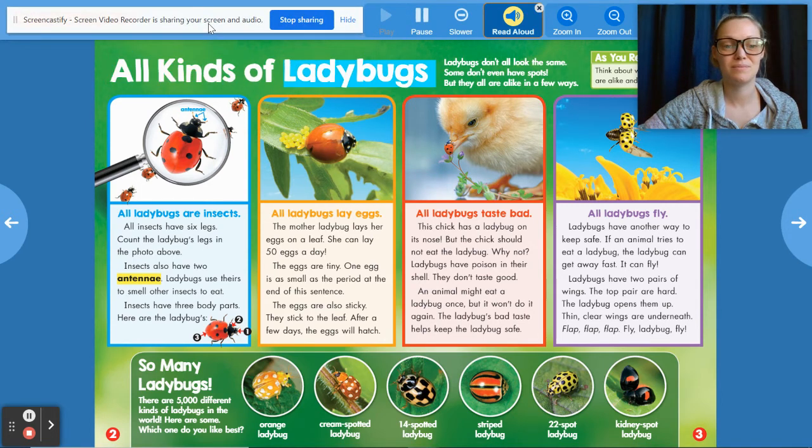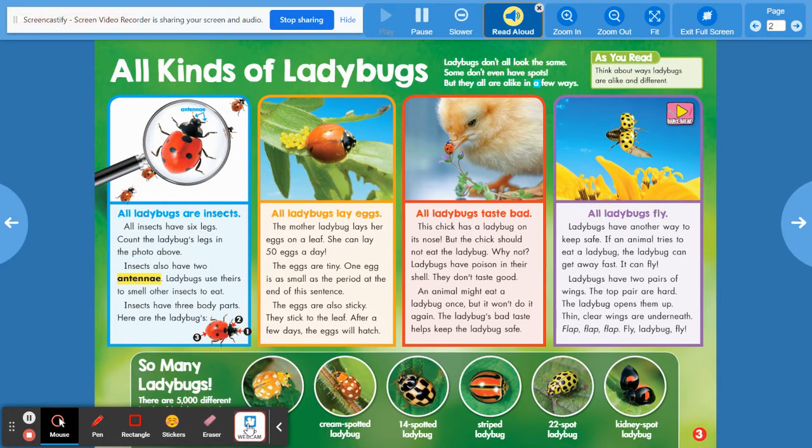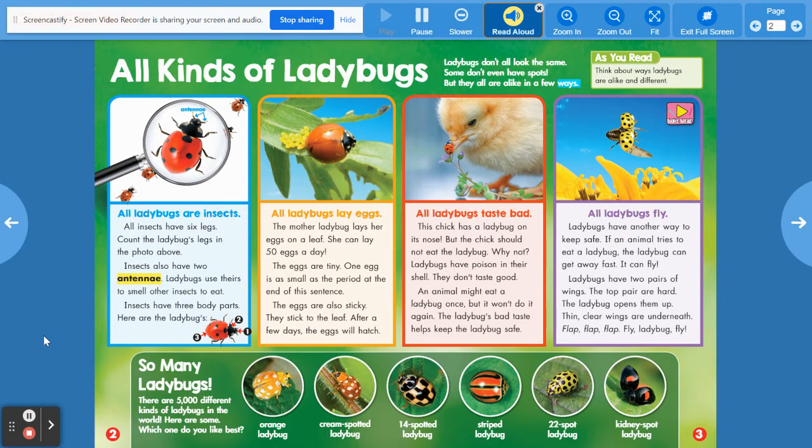All kinds of ladybugs. Ladybugs don't all look the same. Some don't even have spots. But they all are alike in a few ways. As you read, think about ways ladybugs are alike and different. All ladybugs are insects. All insects have 6 legs.